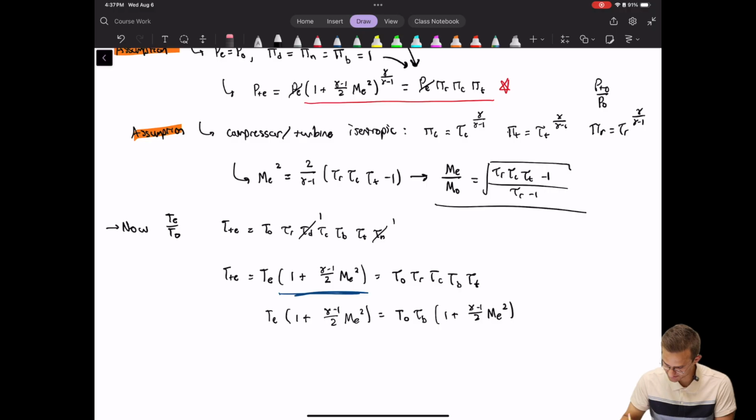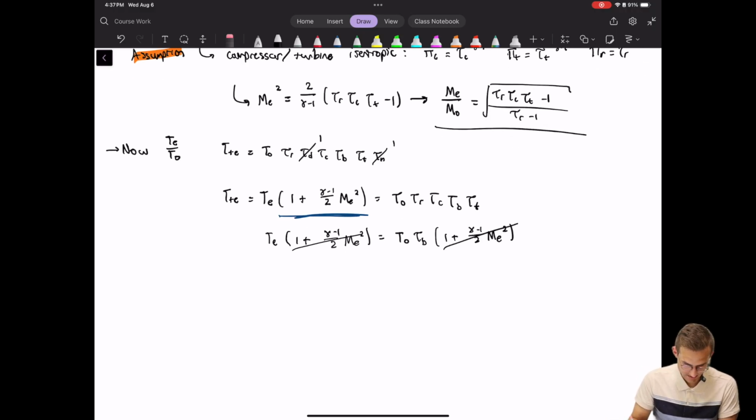And so those things cancel. And what we end up with is that Te over T naught is just equal to tau B, which I'll remind you is Tt4 over Tt3, for the ideal turbine.